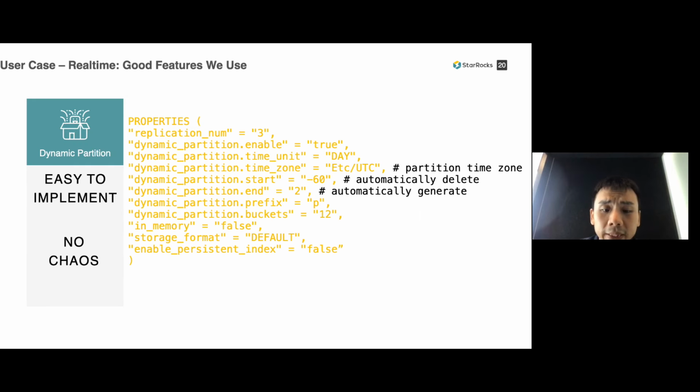For dynamic partitions, which help us to manage the table easily, this is a typical setting we have when creating the table. As you can see, the partitions are generated automatically without adding queries, and also the table will automatically do the housekeeping in the designated time zone.